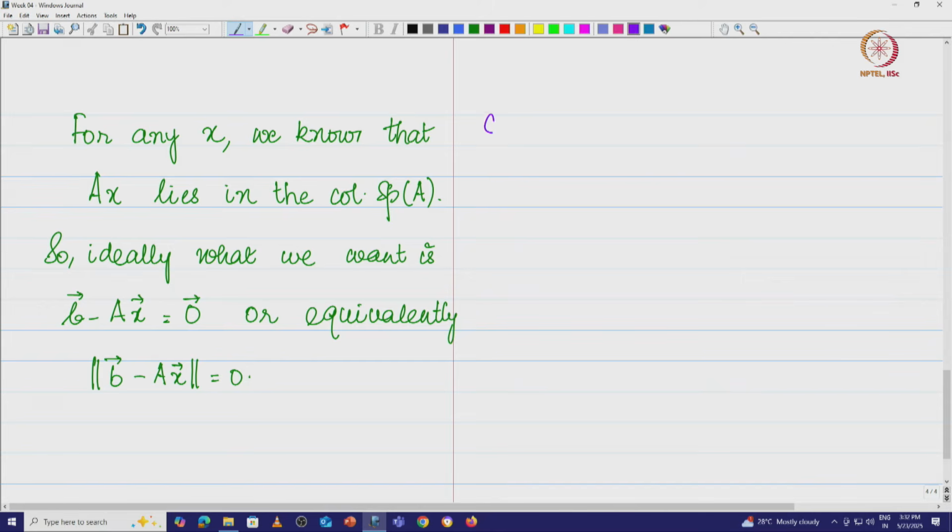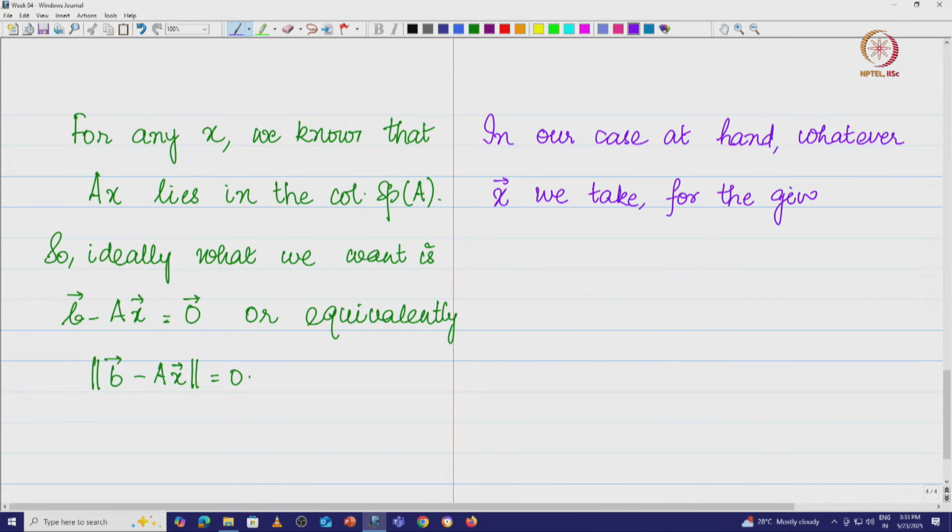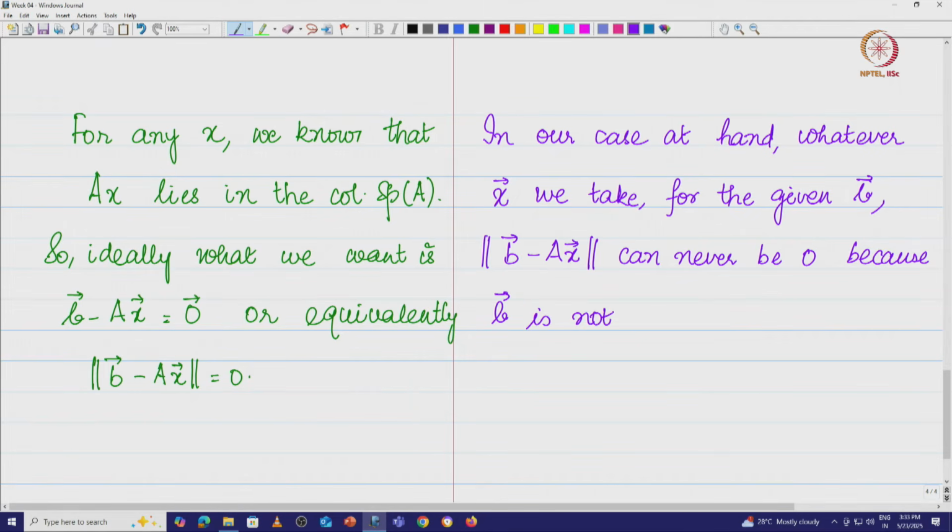So, in our case at hand, whatever x hat we take for the given b, the magnitude, the length of b minus Ax can never be equal to 0, because b is not in the column space or range of A.